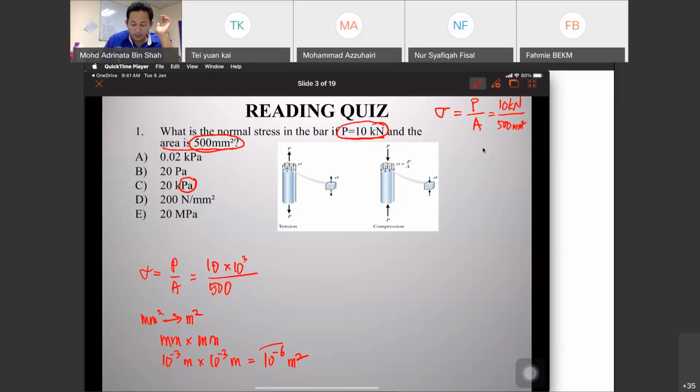So this one is 10 to the power of 6. This one is Newton and this one is meter square.